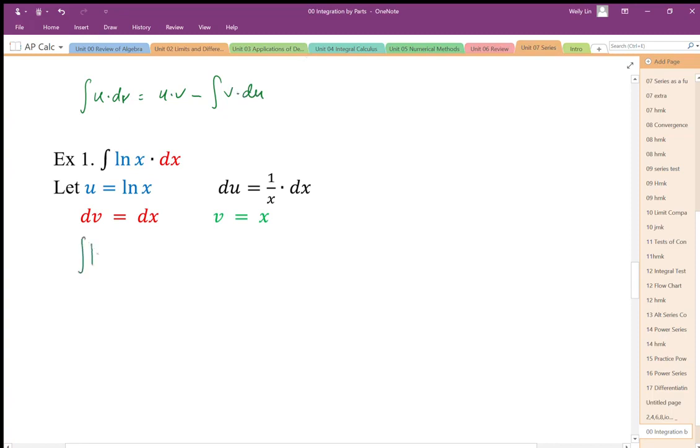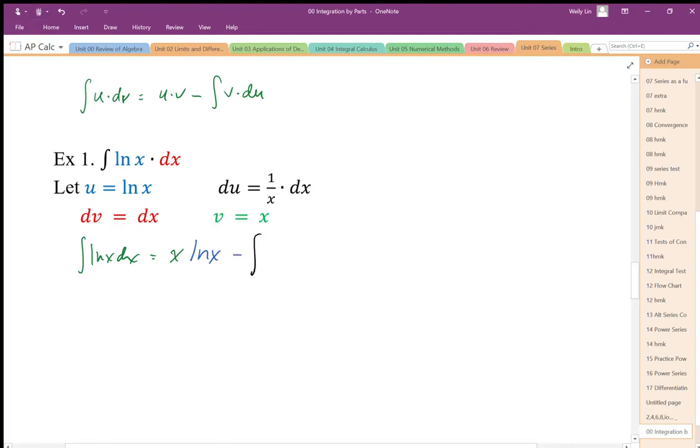So there's my original integral. So log x dx, that's equivalent to my u times v, so x log x. Maybe I'll color code this, x. So this is where my log x comes from, it's the u part, minus the integral of v du.